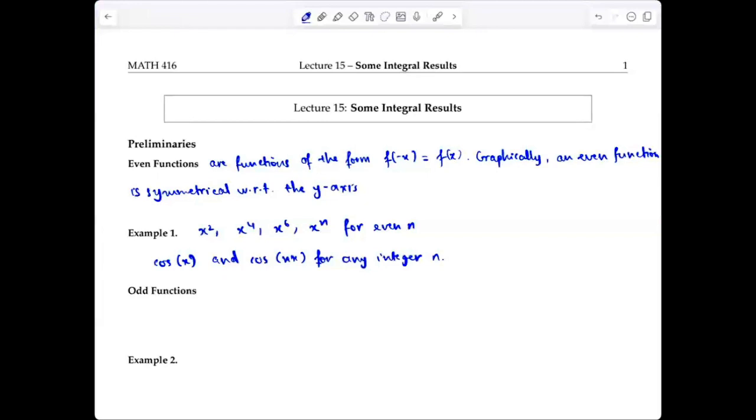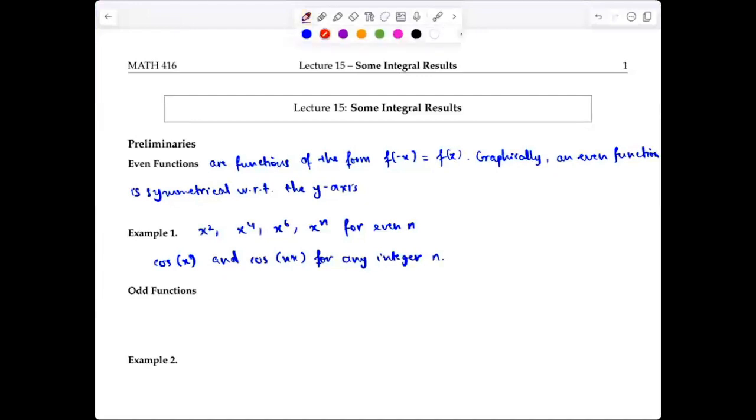Cosine of nx is going to give you a different period, and we will look at periodicity a little bit later. But foreshadowing, cosine of x is a periodic function with period 2 pi, and cosine of nx is also periodic, but with period 2 pi over n. You may wonder how you get the period.